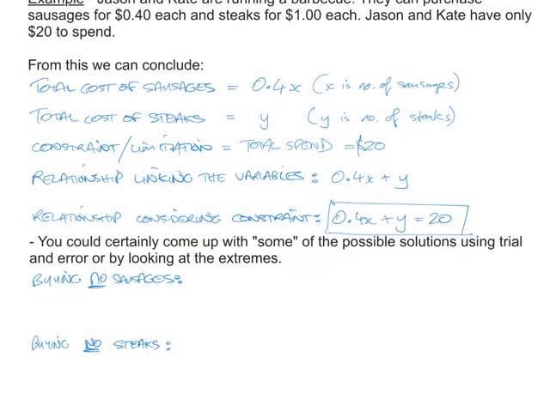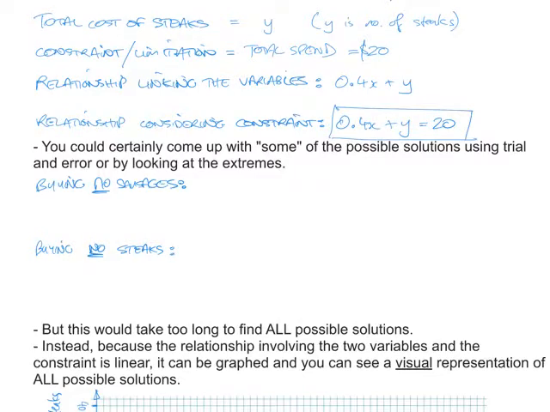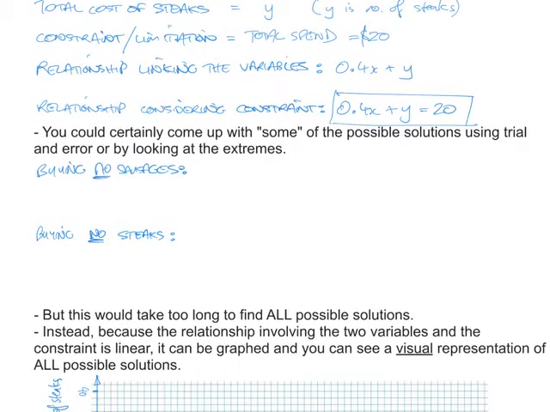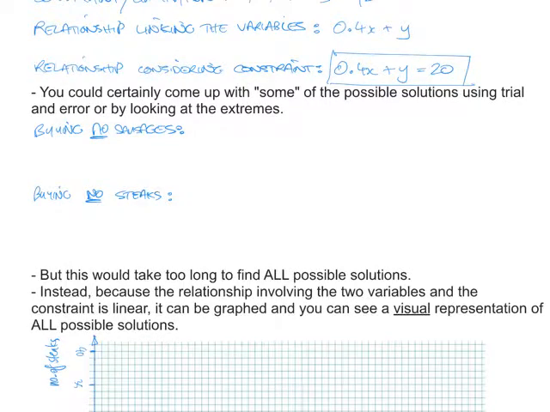Now, you can certainly come up with some of the possible solutions to this. This is an equation, okay? We could come up with solutions that equal 20 by using trial and error, or by having a look at the extremes. So I'm not going to show a trial and error example here, that would take too long, but let's pretend that we were buying no sausages.